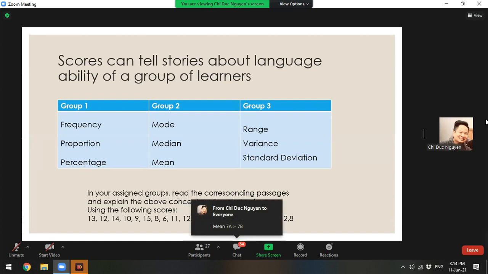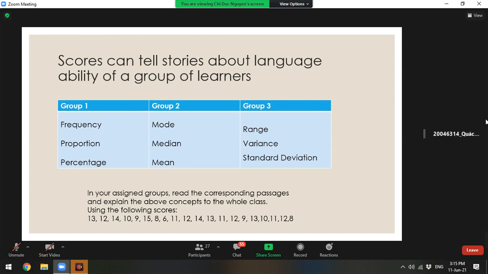So can I conclude that the new teaching method is better than the conventional one? Yeah, can I conclude that way? Can anyone mention their opinion? Yeah.